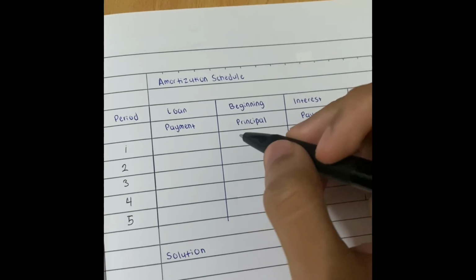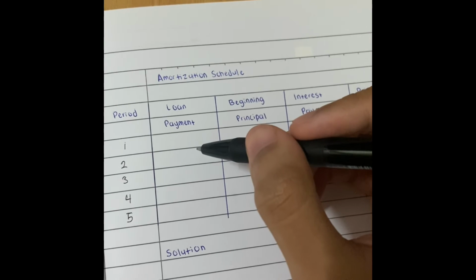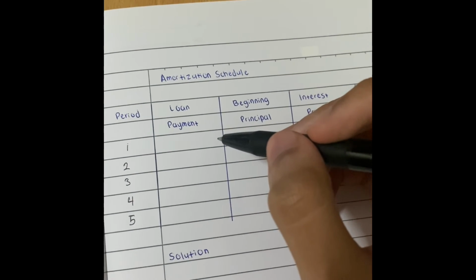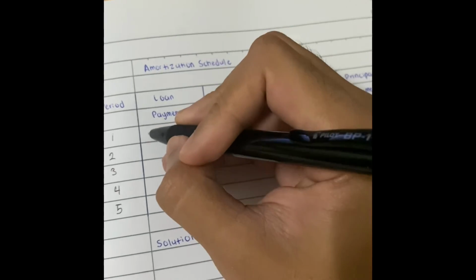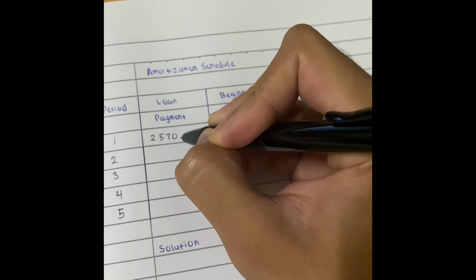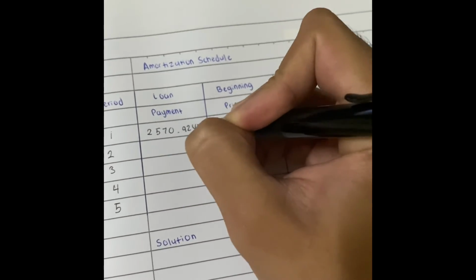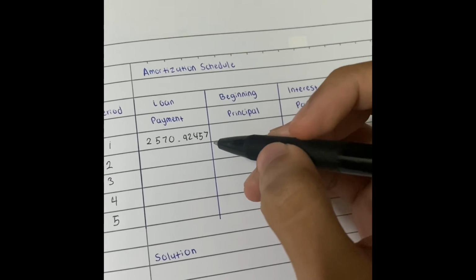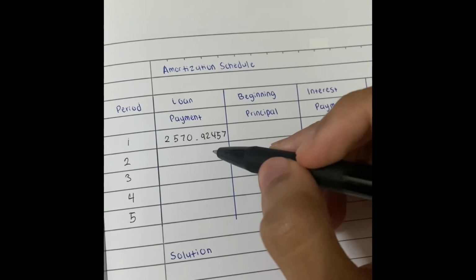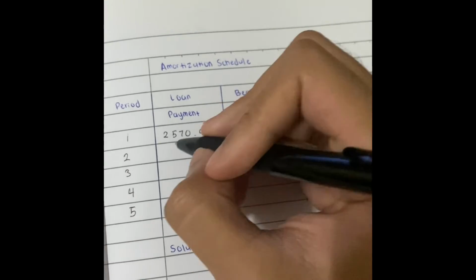For the loan payment, each period would include the monthly payment that we have computed earlier, which is 2,570.92457. This is the constant monthly payment to be made for each period. So I will just copy this value until the last period.